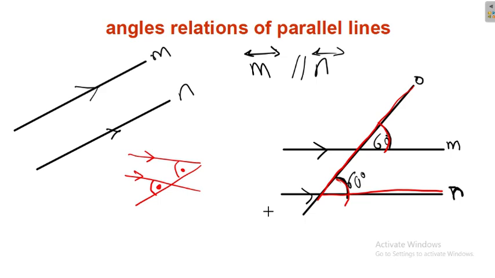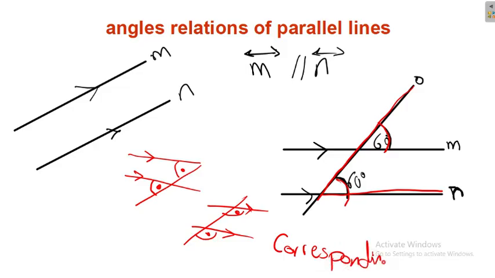If we have letter F like this, where are the equal angles? This angle is equal to this angle. Okay, this position of letter F is called corresponding angles. So any corresponding angles are equal in measure.